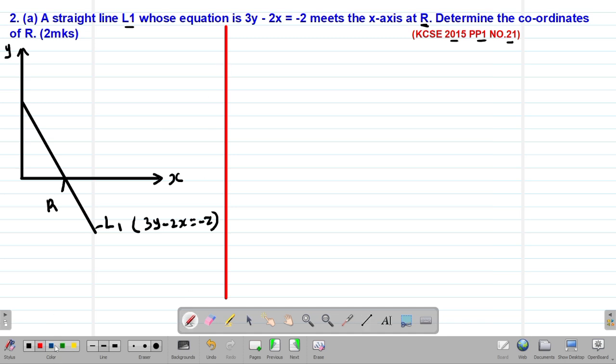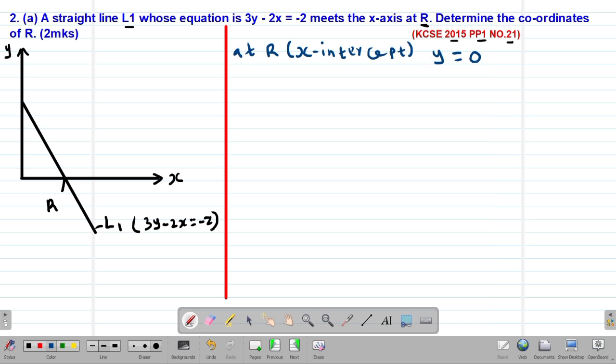So we are simply going to say that at the point R, which is the x-intercept, the y-coordinate must be equal to 0. Any coordinate of y along the x-axis will always be equal to 0.